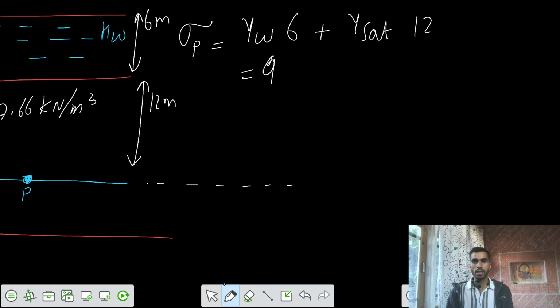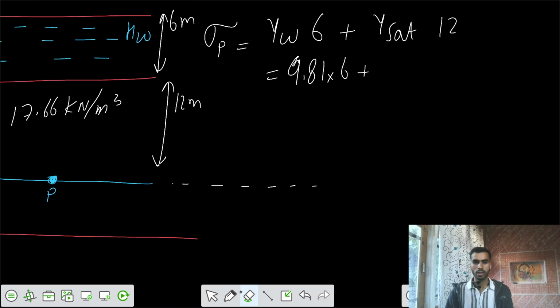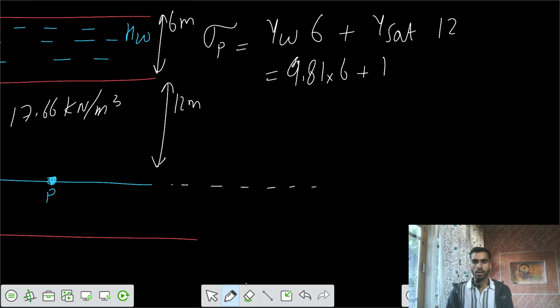So that is 9.81 into 6 plus 17.66 into 12. So that's your total stress at that point B, 270.78 kilonewton per meter square.